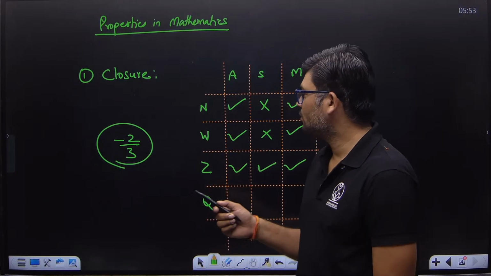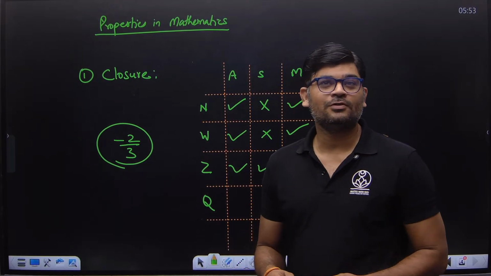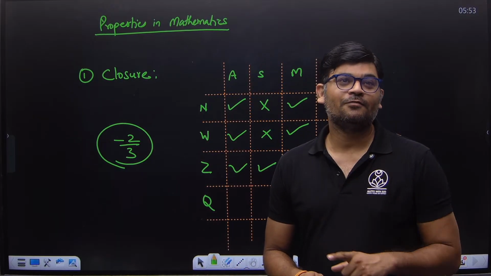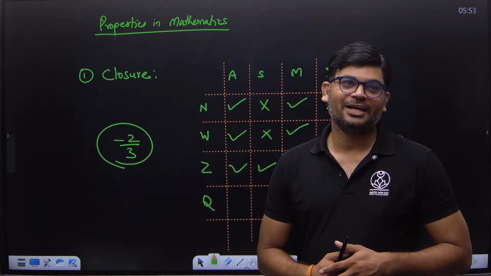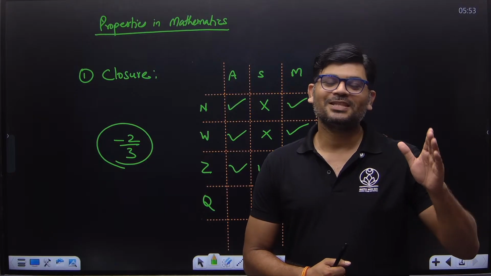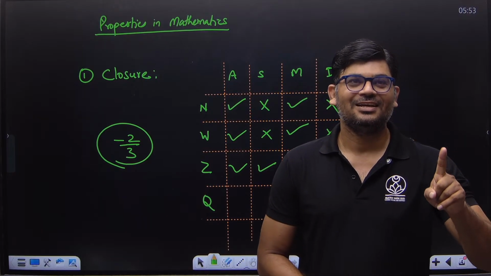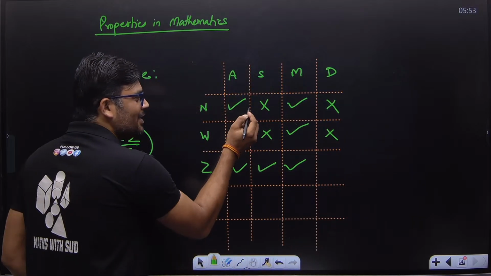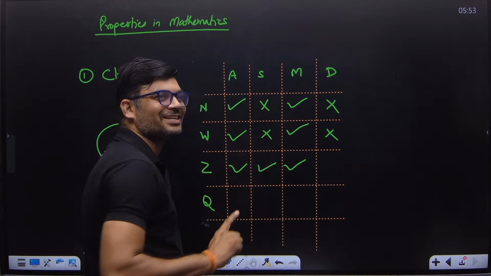No, I told you if something is not working for subtraction, it will not work for division as well. I didn't tell you that if something works for subtraction, it will also work for division.